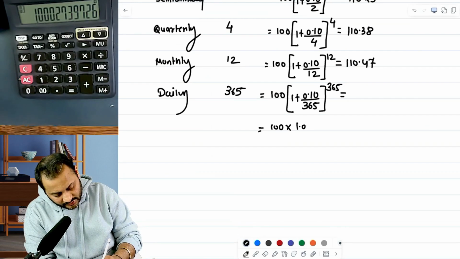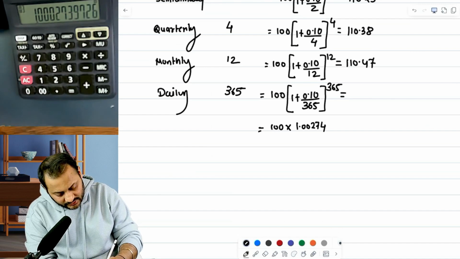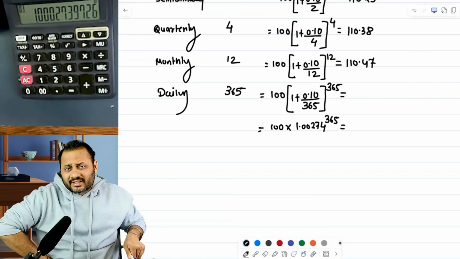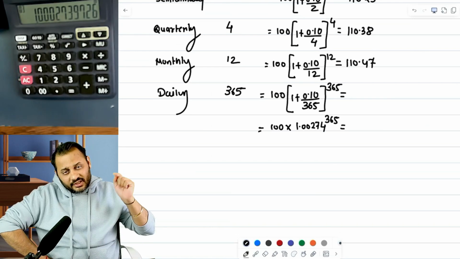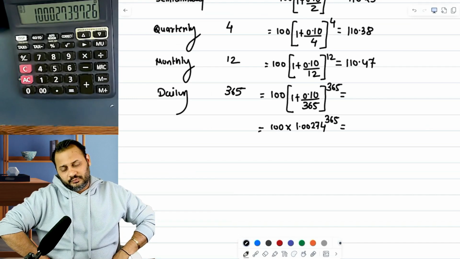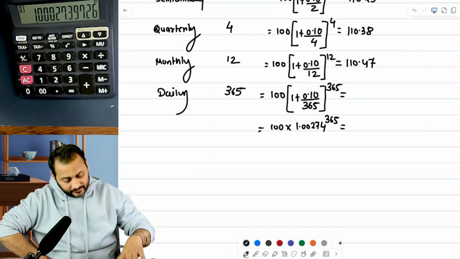That means 1.00273, 274. We will round it off, to the power 365. Now tell me, is it practically possible to press equals to button for 364 times on a calculator? No, it is not. Then how to calculate the value of this on calculator?